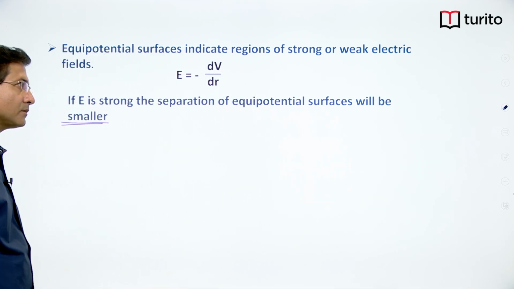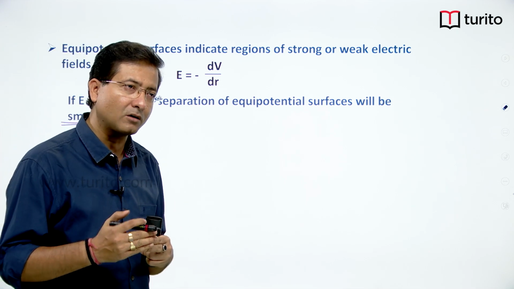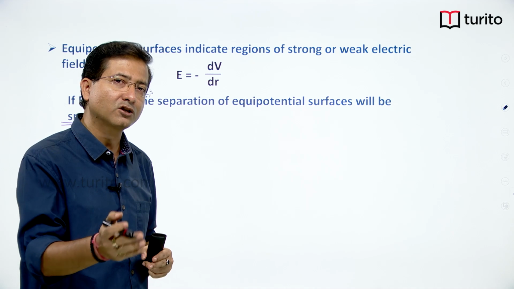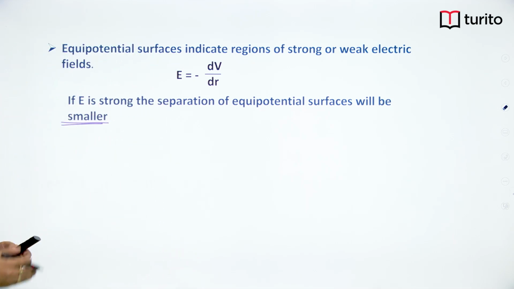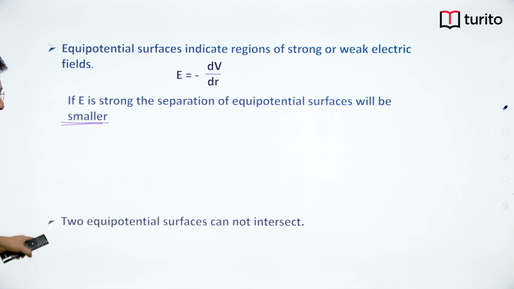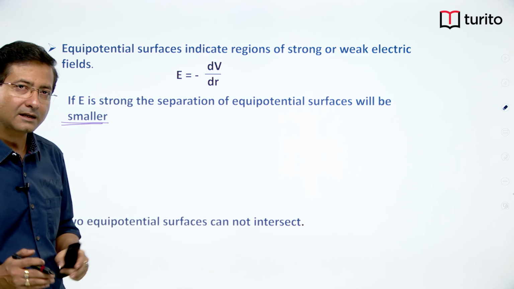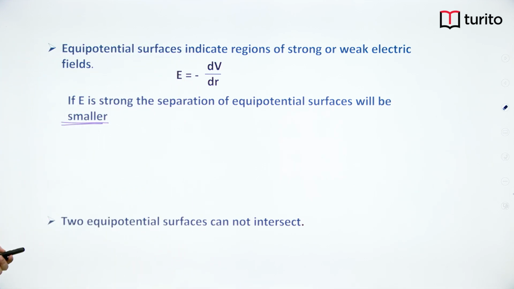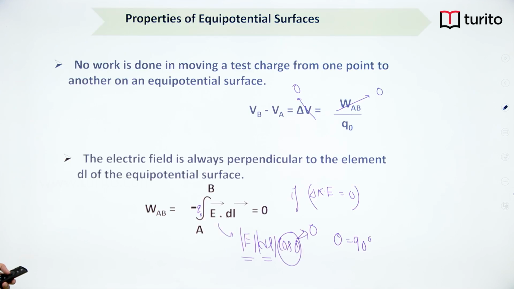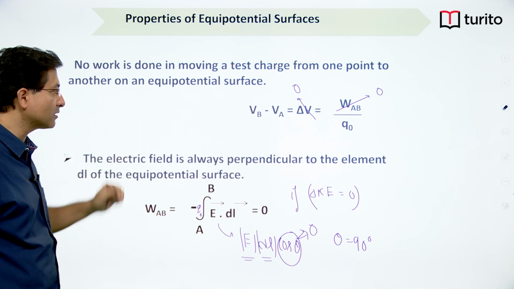Last point, we know that electric field lines can never intersect each other, because at a particular point we cannot have two directions of electric field. So, if electric field lines are not intersecting each other, the equipotential surfaces cannot intersect each other. Two equipotential surfaces cannot intersect each other. So, these are the four properties of equipotential surfaces. No work is done in moving a test charge on an equipotential surface.